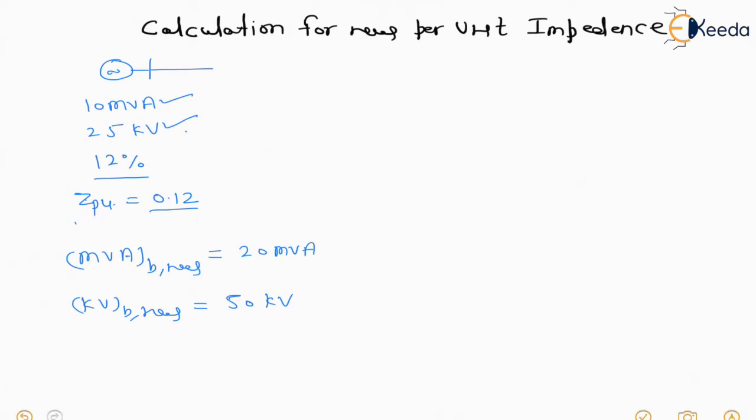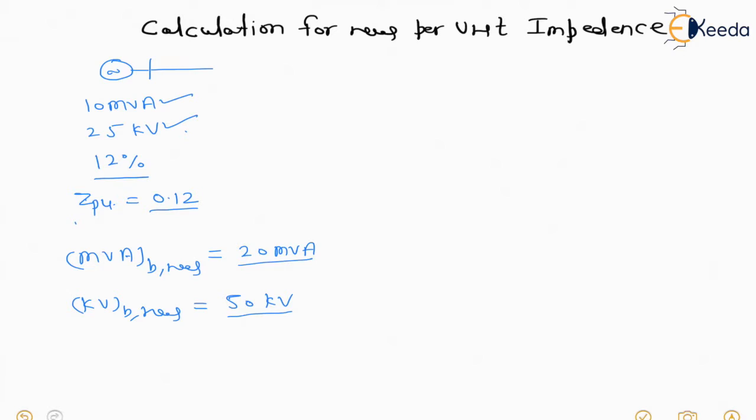So 12% has been given on base of 10 MVA and 25 kV. Now the question is, what will be the per unit value when the base power is 20 MVA and base voltage is 50 kV. So now we are going to derive one formula.